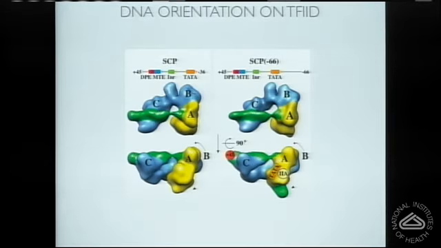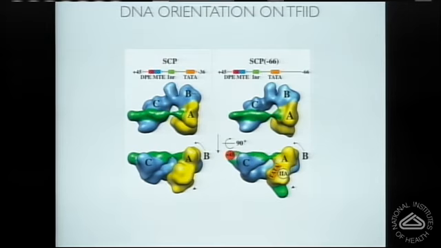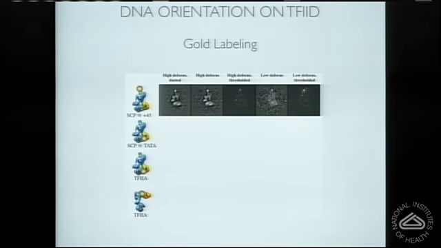This will mean that the TBP that binds the TATA box will be in this lobe, as well as TFIIA, which interacts with TBP. So to test that, in a completely different way, he used gold labeling. He first gold labeled the DNA in two experiments, in each case at one end of the DNA, and then he went through the process of analyzing the data and positioning the gold with respect to the structure.